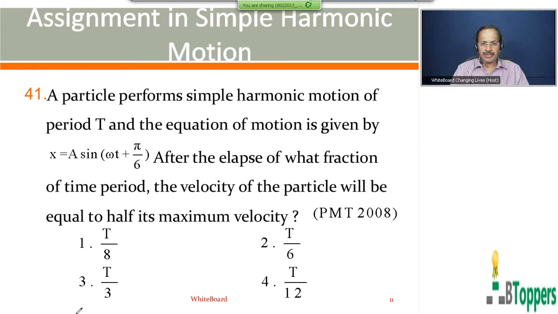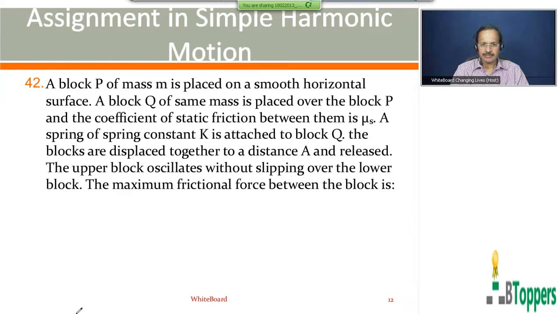So I am going to show the next question on the screen. See the question number 42. A block P of mass M is placed on a smooth horizontal surface.